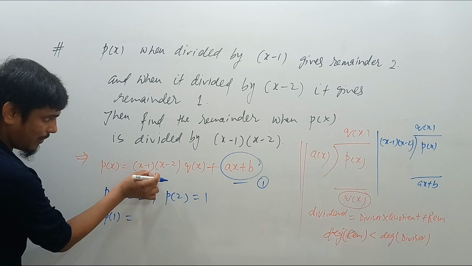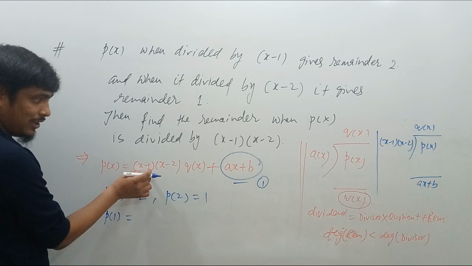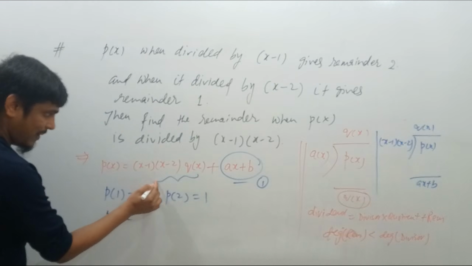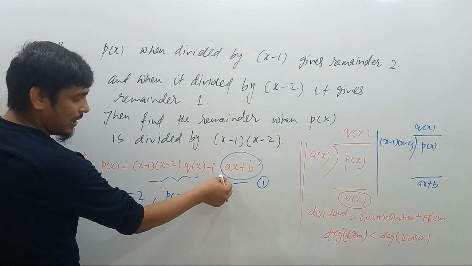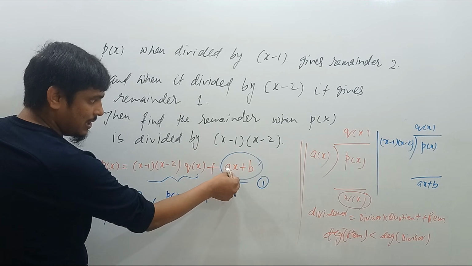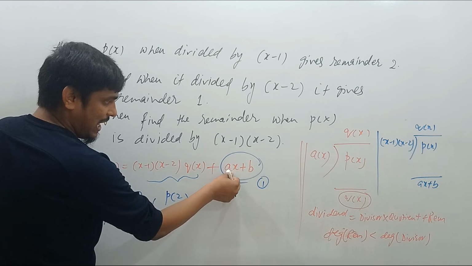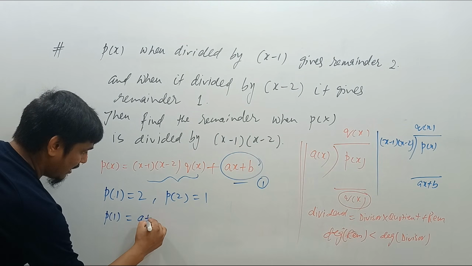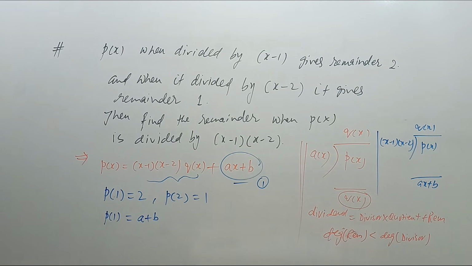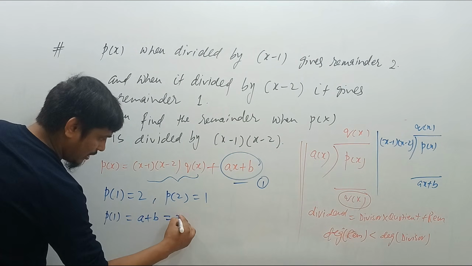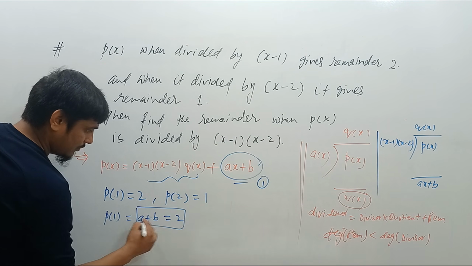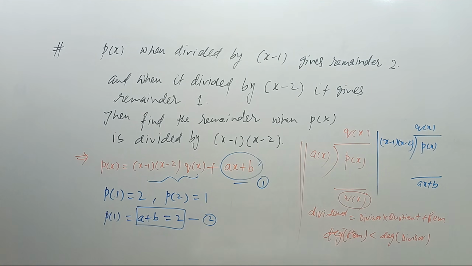Substituting x equals 1, on the right, 1 minus 1 is 0, and 0 times something makes the whole thing 0. In place of x we substitute 1, so a times 1 plus b, so p(1) is equal to a plus b, and p(1) is given as 2. So a plus b is equal to 2. Mark it as equation number 2.